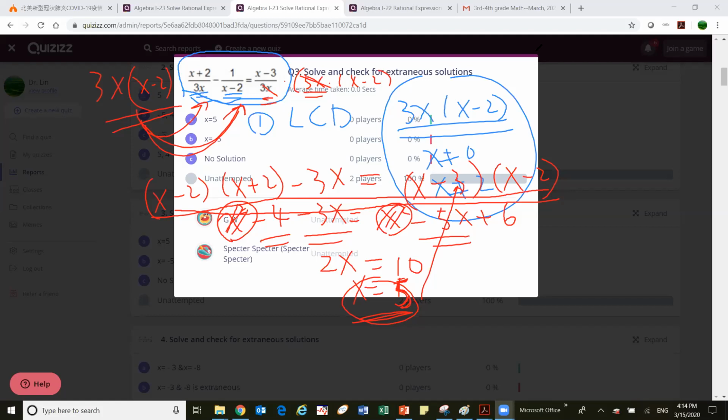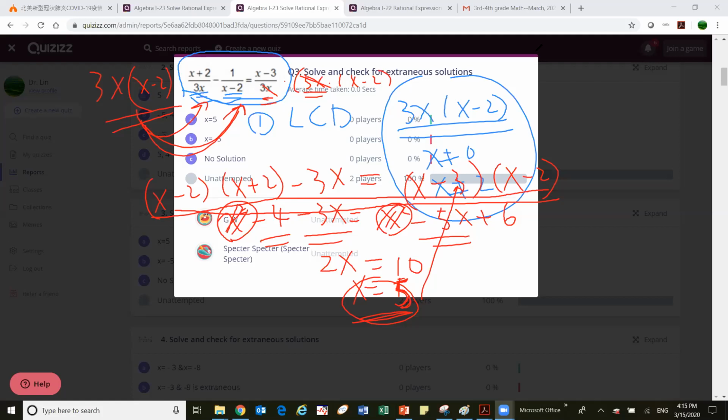I think these were pretty informative examples to talk about rational expression equations. Actually, we use most of the knowledge about rational expressions: how to simplify, how to multiply, how to divide, and then addition and subtraction. So many kinds of cases together. And right now we use the earlier knowledge, like proportions. Maybe you have already learned this part in pre-algebra.